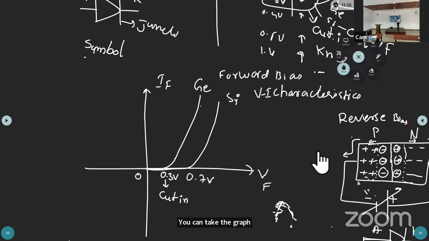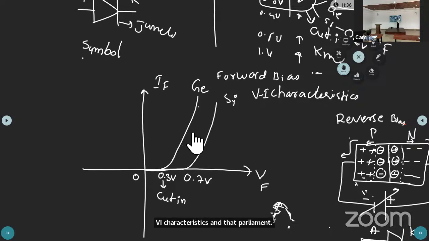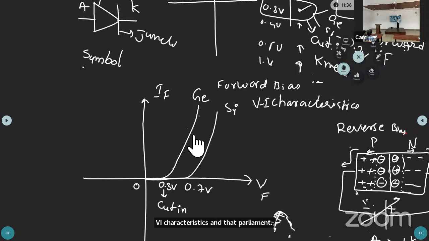Okay, now here this is the PN junction diode VI characteristics under forward bias. Now you can take a particular point here. How much current is present, how much voltage is present? That is called the DC resistance or static resistance.